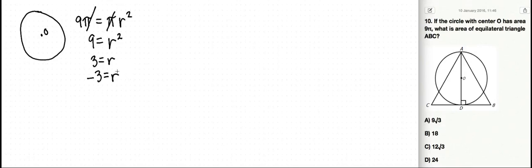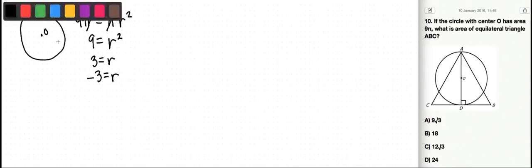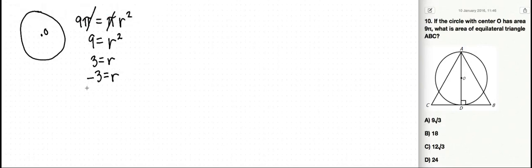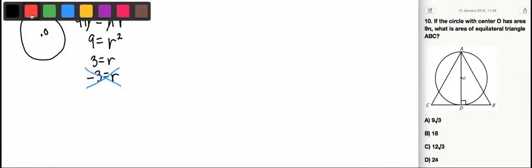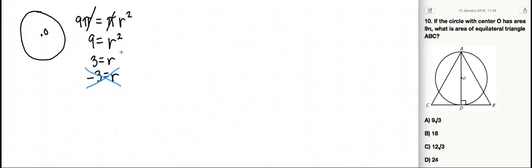But this one we reject because a radius is a length, and we can't have negative length. So we're going to stick with this answer here. The radius of that circle is 3. And so what that means, if you look at the picture on the right, I'll draw it here as best I can.